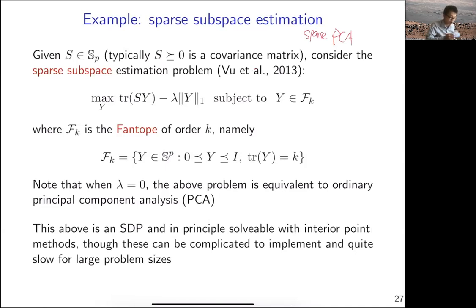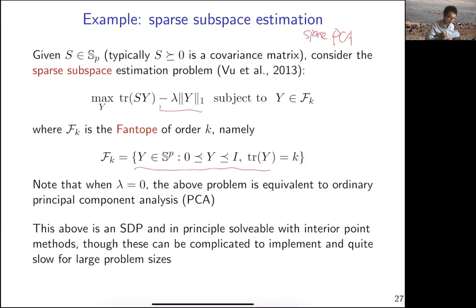That is realized by formulating the convex optimization formulation of the PCA problem by adding this additional regularization term that penalizes the number of non-zero elements. And it's subject to a constraint, again a convex constraint in the form of a semi-definite ordering.